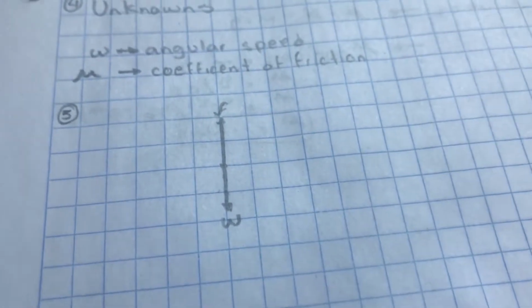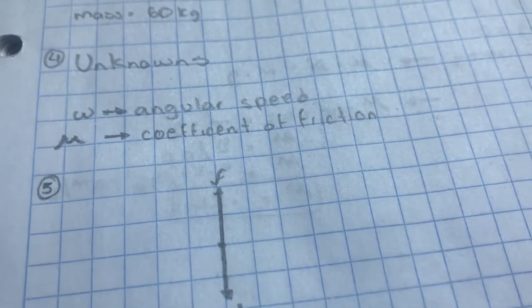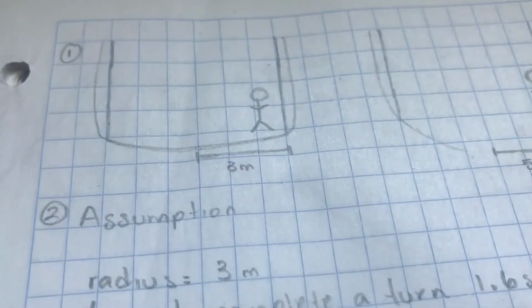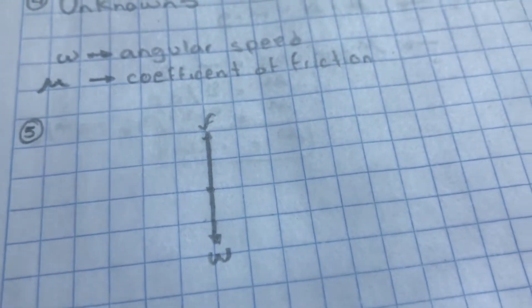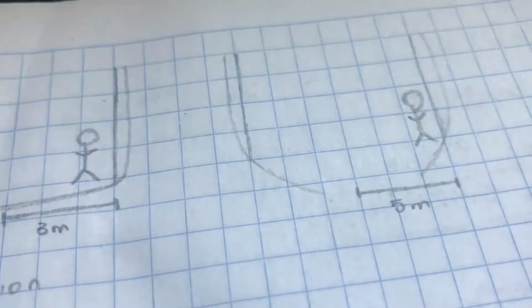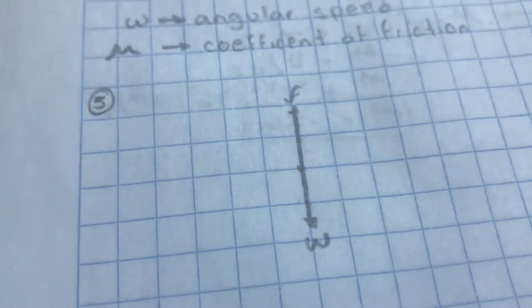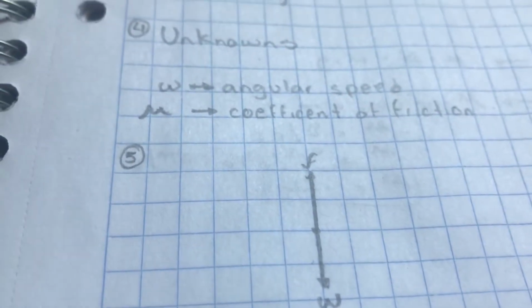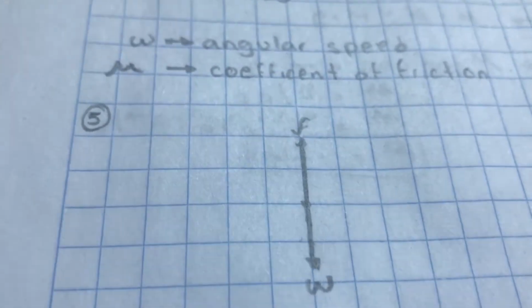Well, this is the free body diagram. As we see here, the person has a weight going downwards because the platform isn't there, and there's a friction force upwards because there is a centripetal force that pushes the person against the wall.